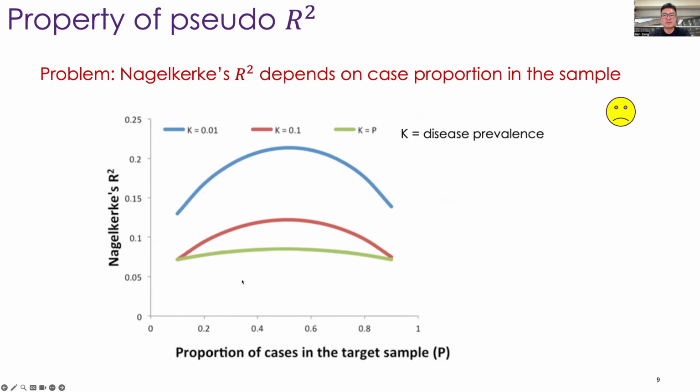With the same PGS, but a different proportion of cases in the target sample, we actually get different pseudo R-square values. That means the pseudo R-square is not portable across studies with different sample prevalence, and the results should be interpreted with caution.